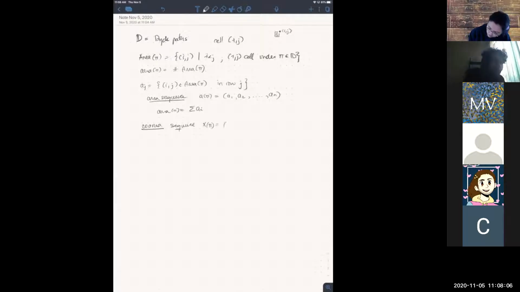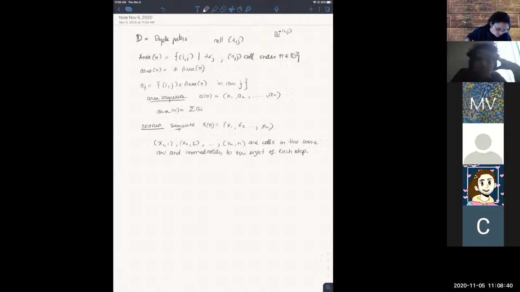It's the sequence defined by the fact that x1,1, x2,2, etc., all the way to xn,n are cells in the same row and immediately to the right of each north step. So this is really easy to understand with an example.